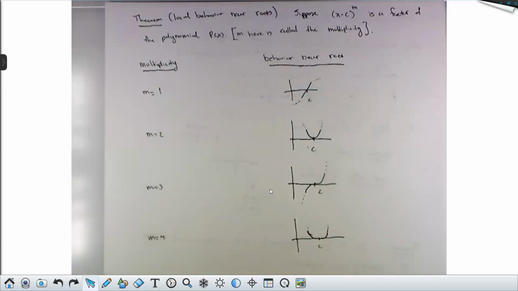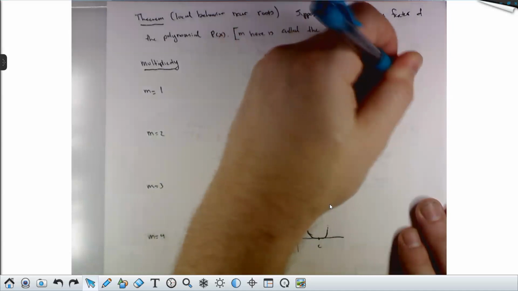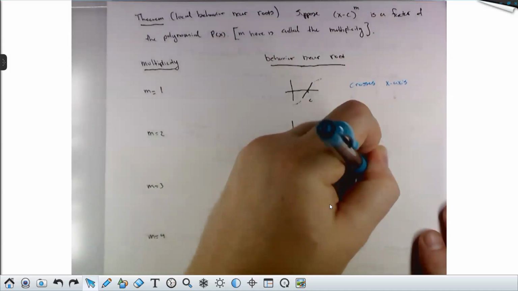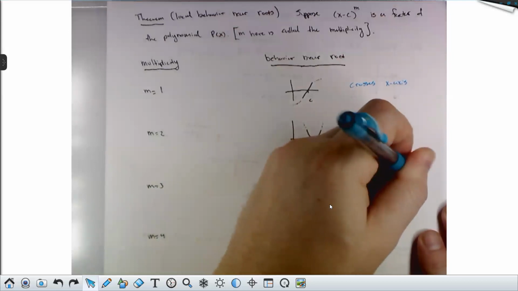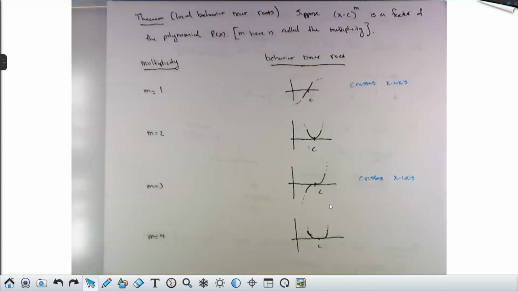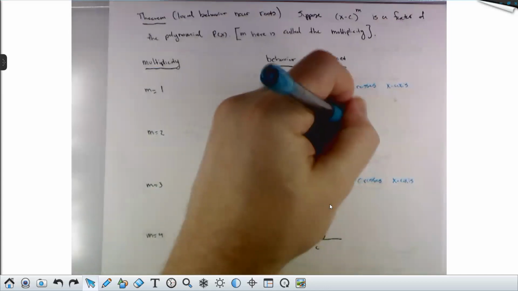In particular, I'd like you to notice that odd multiplicities, you cross the x-axis. That's a big deal. It means you change sign. P of x changes from negative to positive or positive to negative as you jump over that root. And even multiplicities you don't.